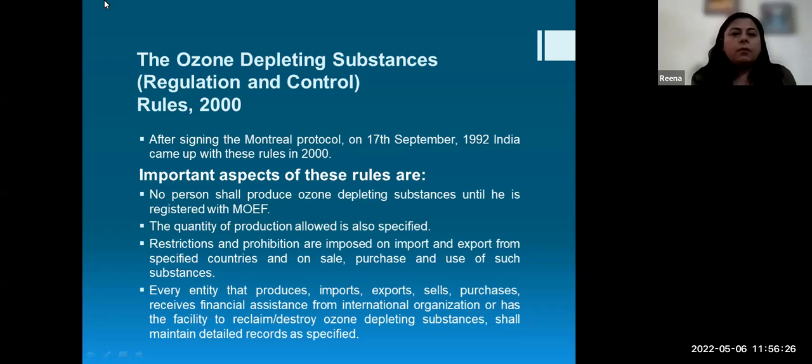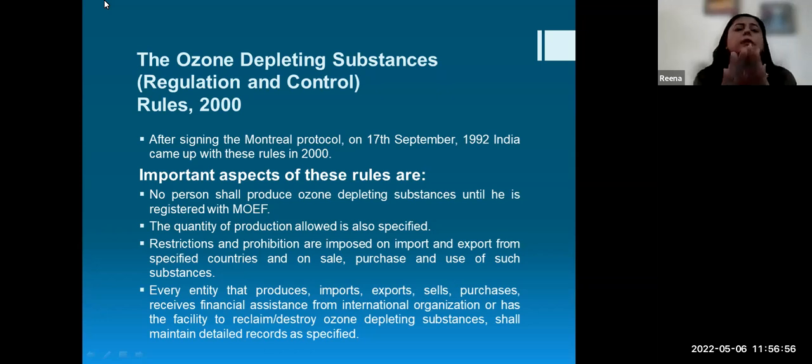Similar to the Air Act and Water Act, you have to declare this much pollution will be caused, this much wastewater will be released, this much air pollutant will be released, and that I will be taking care of pollution through air pollution control devices or water treatment plants.